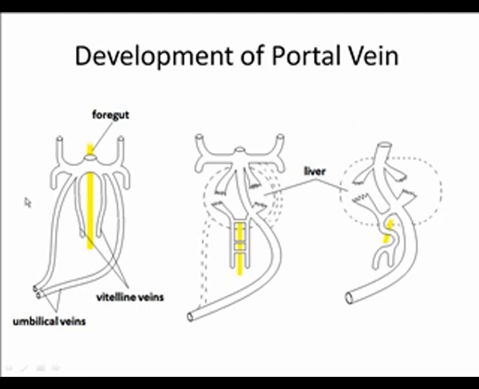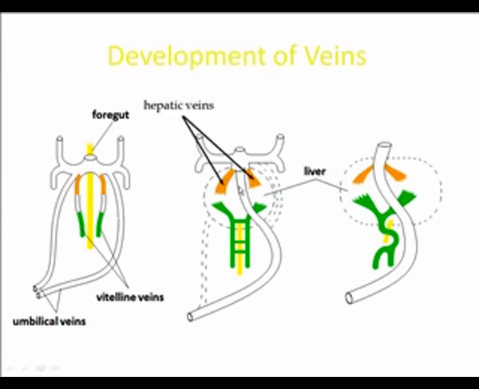Now, in terms of the portal vein, here we have the foregut, and we're showing the vitelline veins and the umbilical veins, and we want to make the point that the portal vein develops from the vitelline veins. You're going to see that these vitelline veins form anastomoses between each other, and those will come together and form the portal vein. So there are the vitelline veins in green, and they will form the portal vein.